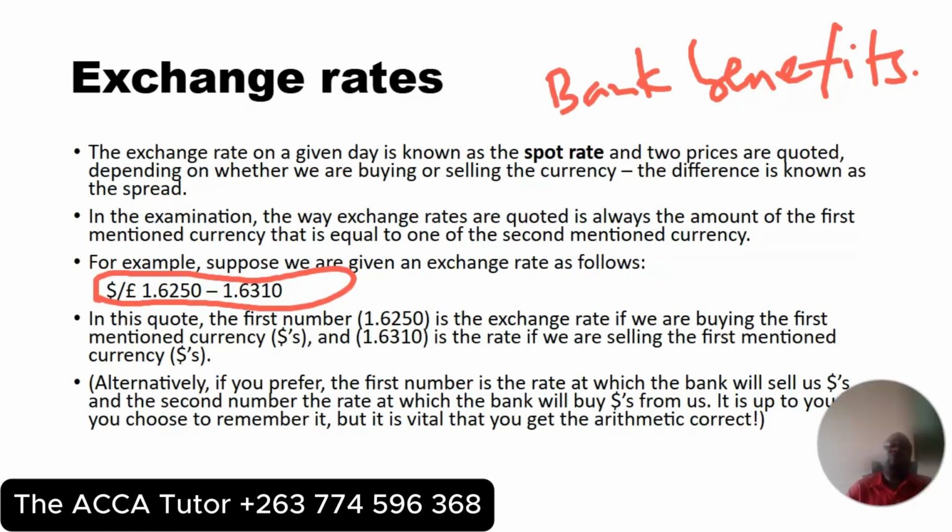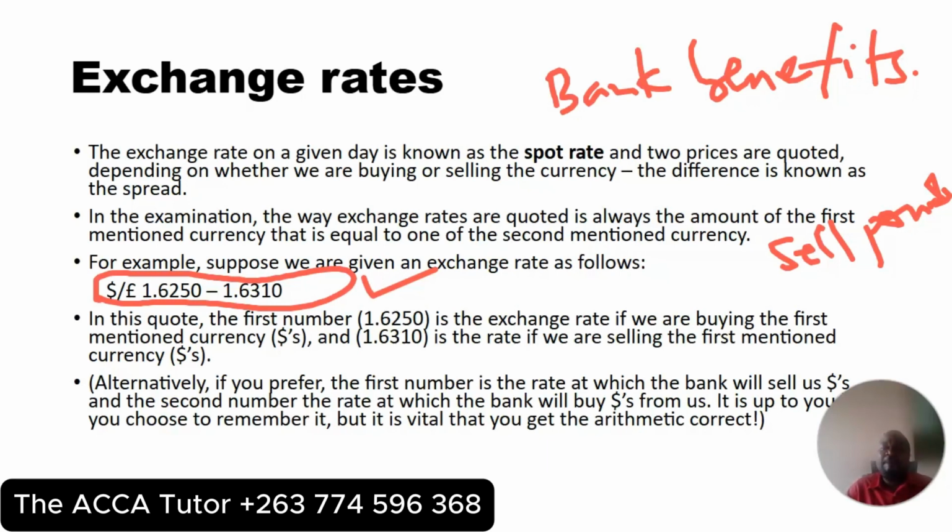So, for example, you want to sell pounds. All right? But we are given this rating. Those are the rates. You want to sell pounds, but the rate is between $1.6250 and $1.6310 per pound.